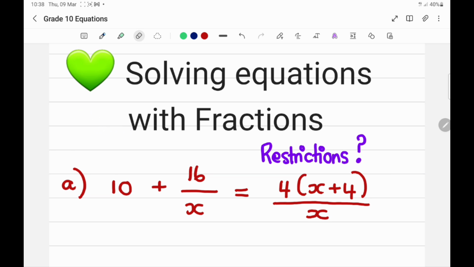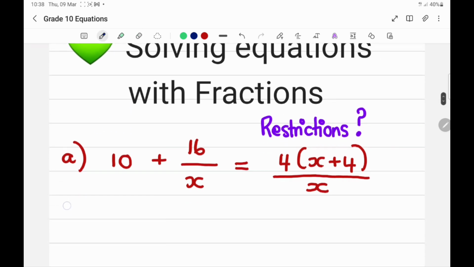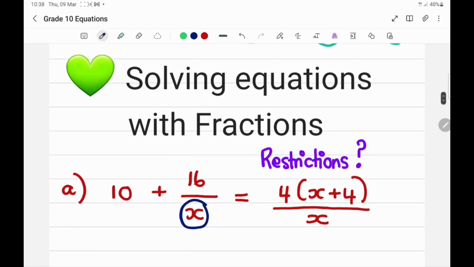If you look here, x cannot be 0. So one of your restrictions is that x can't be 0. If you get that as an answer, you cannot have that, and if that's the only answer, then there would be no solution.